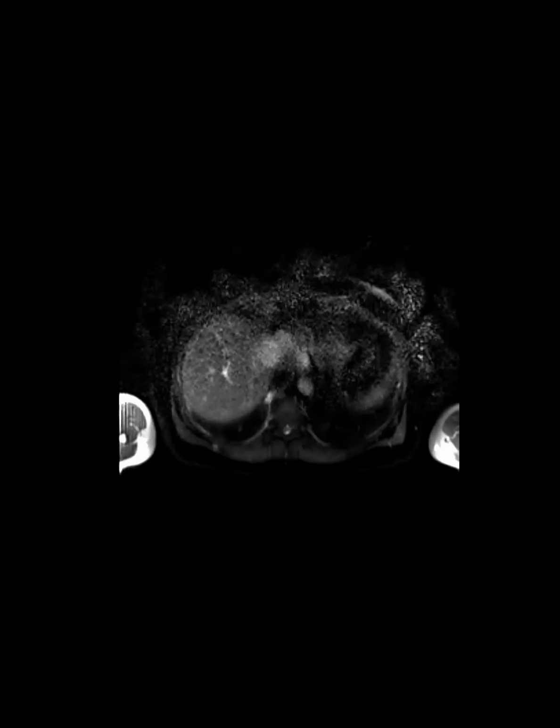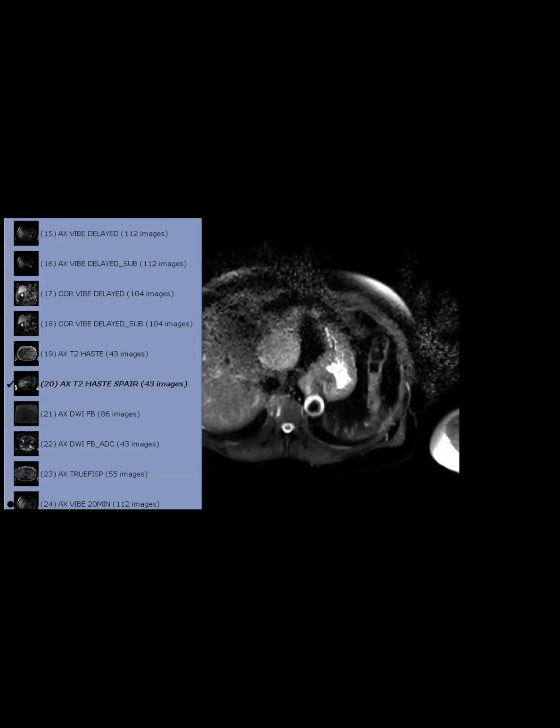This is the MRI. There's a lot of motion, but it's kind of T2 bright. Just show the diffusion while I'm here. That's not a good diffusion, but this is the DWI, and it's a little bit bright.